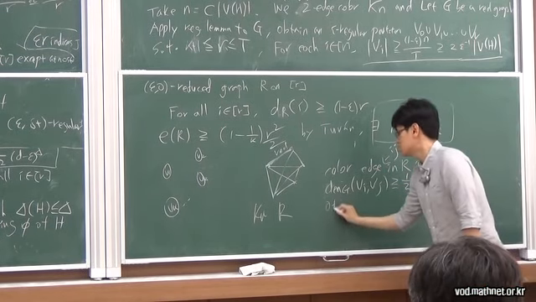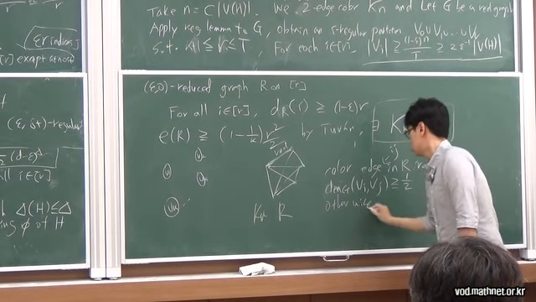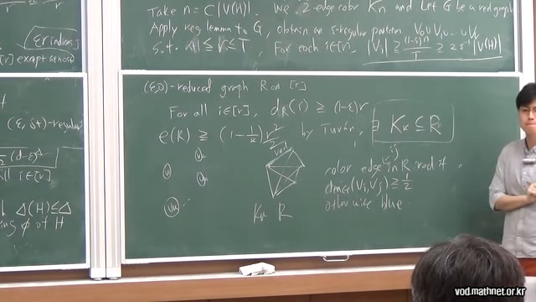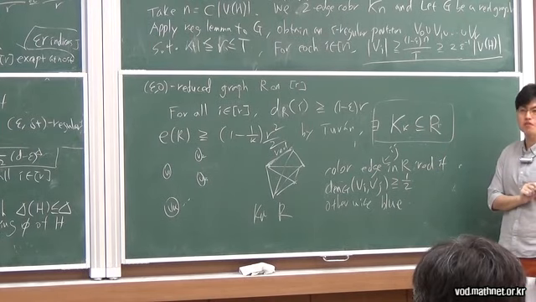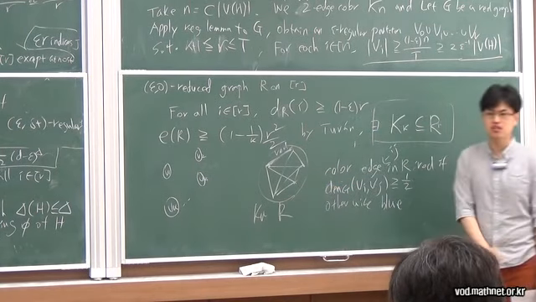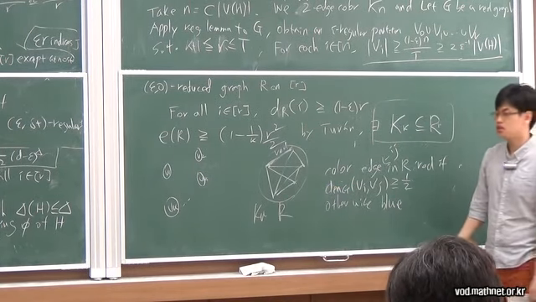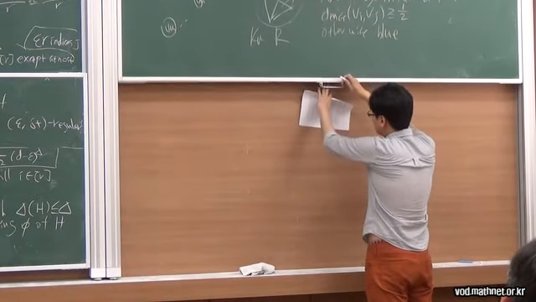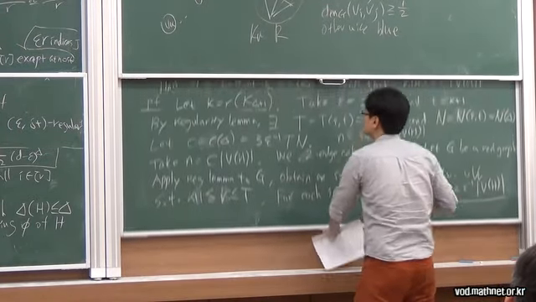Otherwise blue. So that gives us a coloring of R, a coloring of this copy of K sub K. So now we are really almost done.